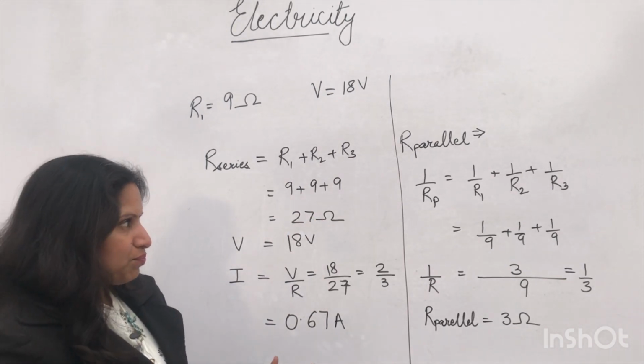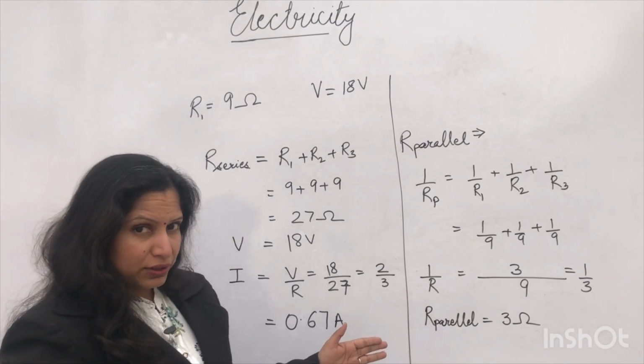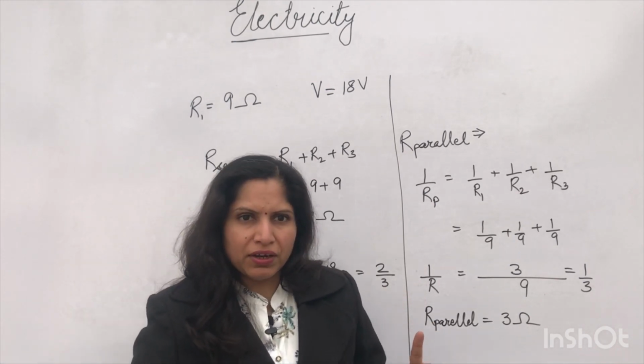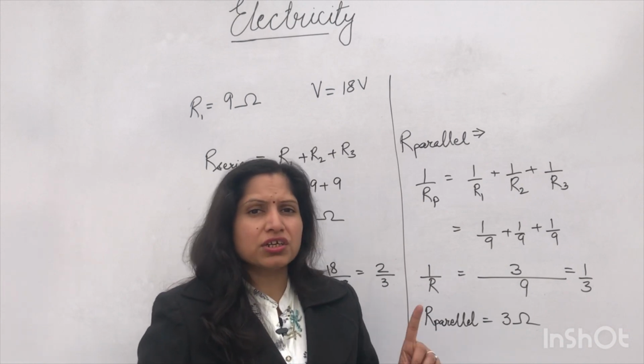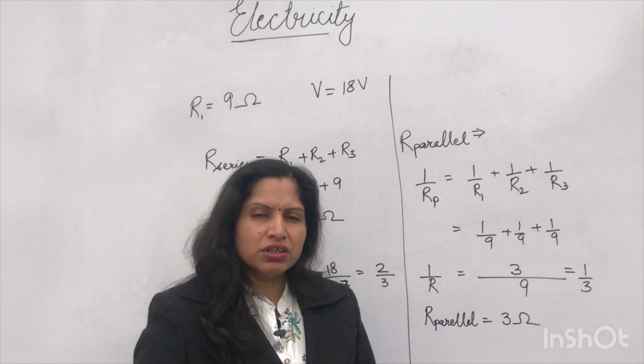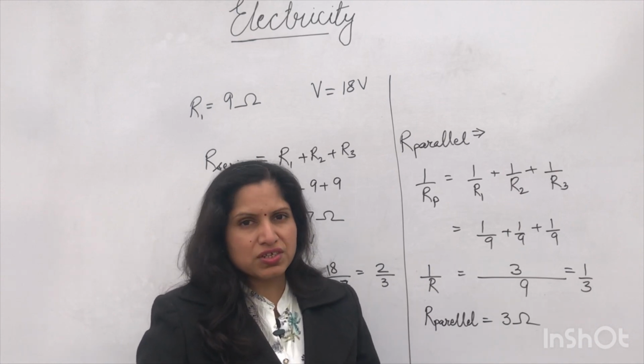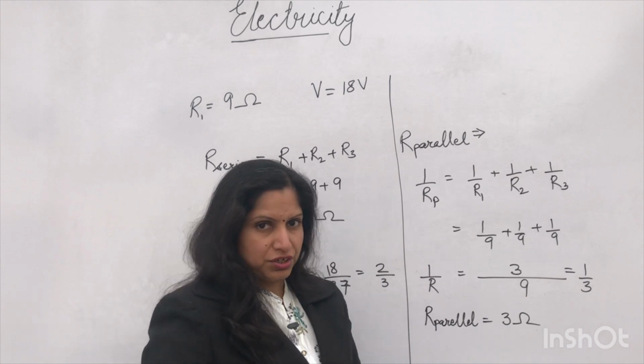So you can see the total resistance is even less than a single resistor in parallel combination. So one benefit of using parallel combination in household circuits is that the total resistance of the combination decreases. It comes even less than the least resistance which we have used in the combination.